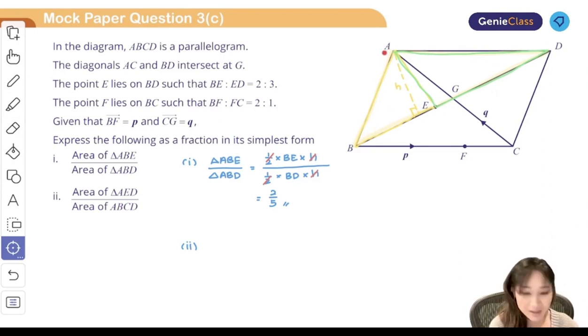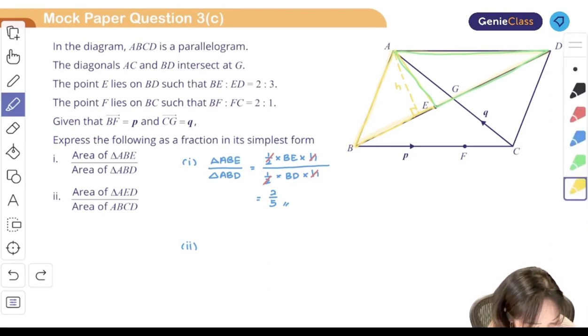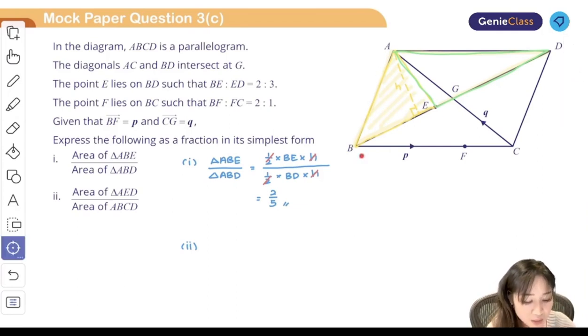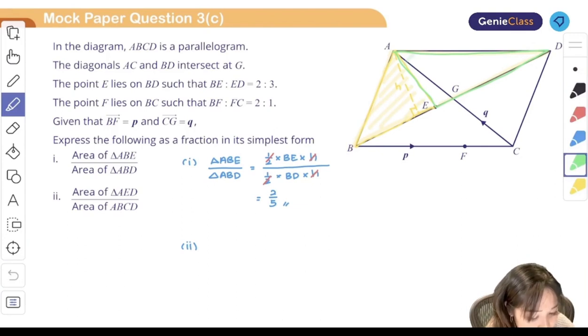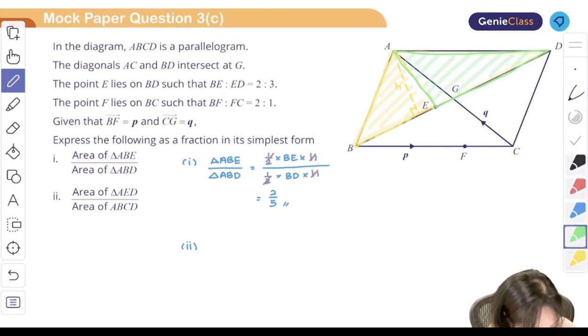From part A, we know that this yellow portion is 2 units, and the whole thing is 5 units. Can anyone tell me how many units this green portion would be? Very good. Yes, it would be 3 units.